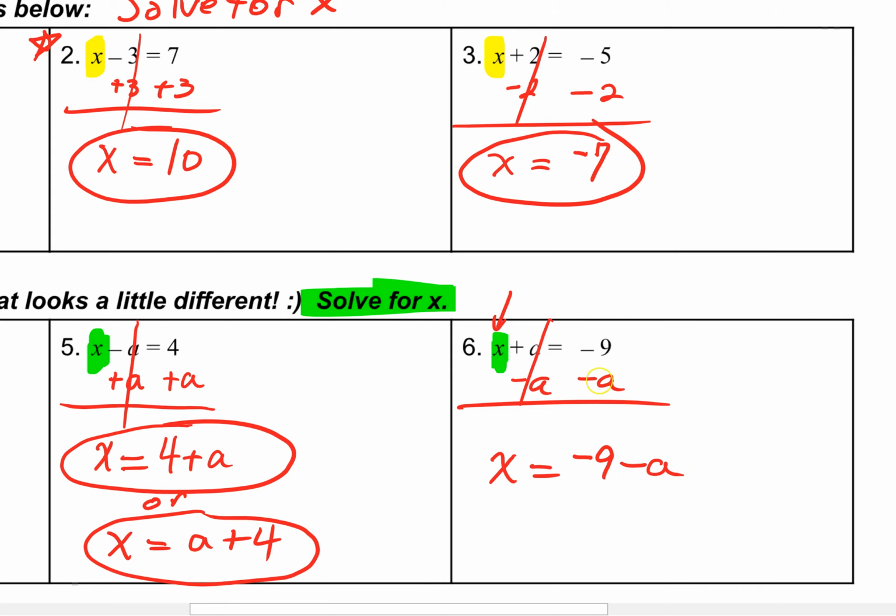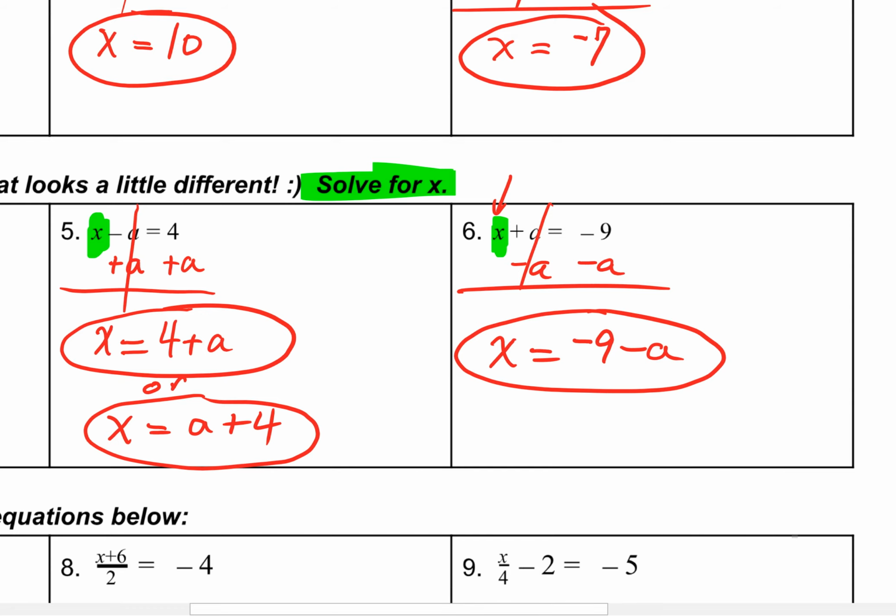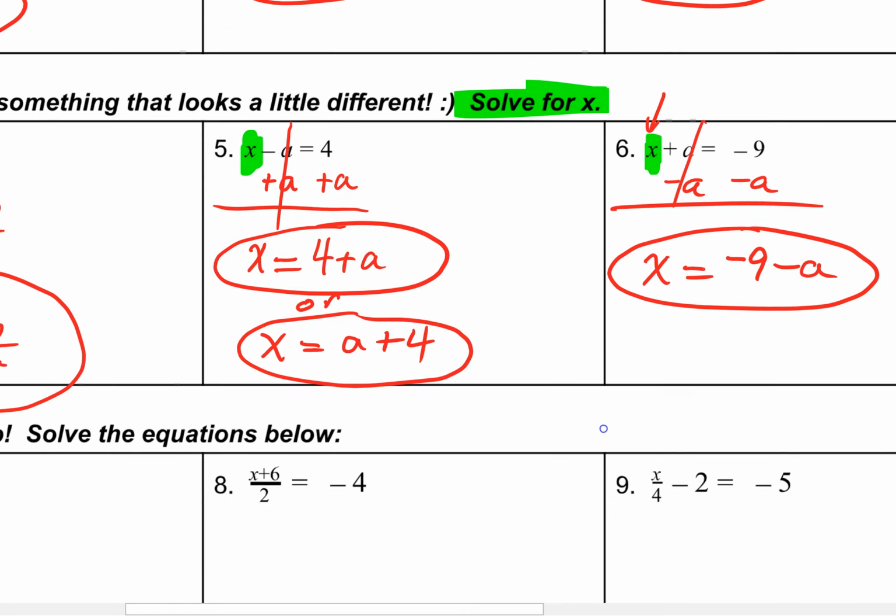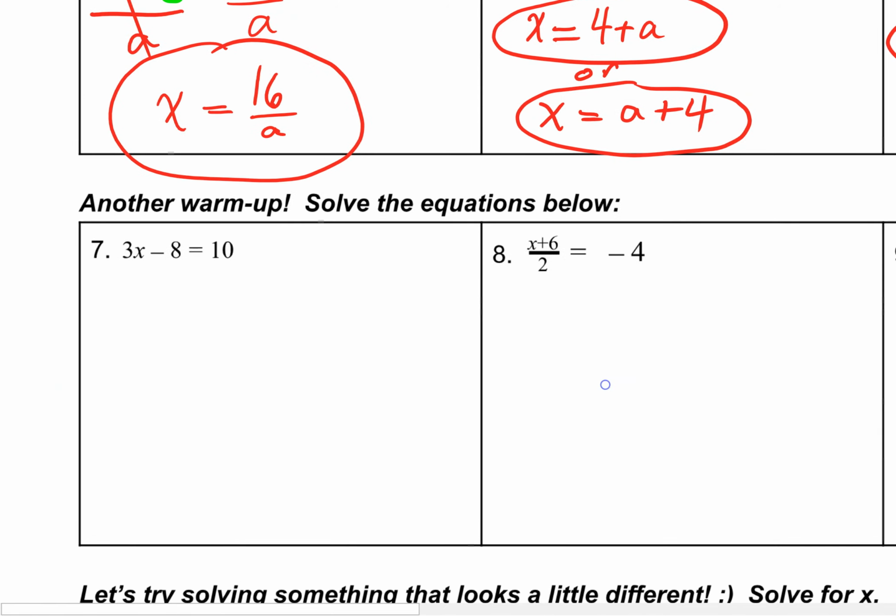By the way, you could also write that as negative a minus 9. That would also work just as well. But this would suffice. Again, your answer is more than just a single numeral. It has the variable a in it. Well, let's take a look at solving for x.